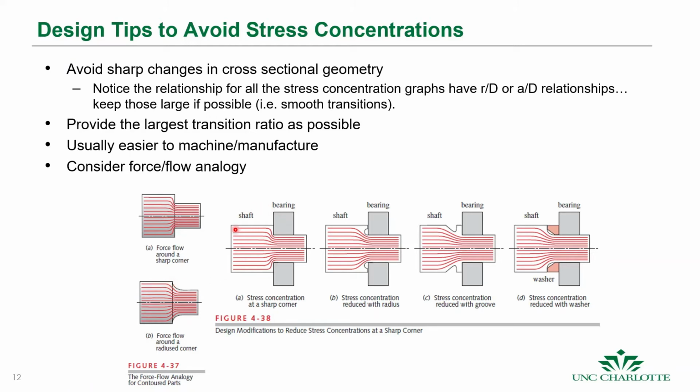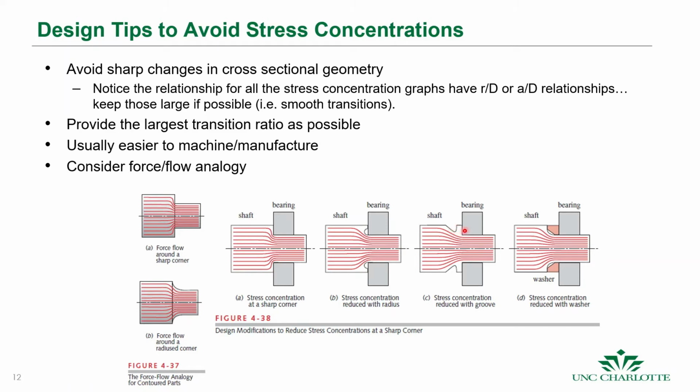So instead of this, never do this if you can avoid it. There are other ways you can do that. You can put a relief, a reduction radius, in the back side. For example, if you have a shaft and a bearing, you can change that notch to the other side.